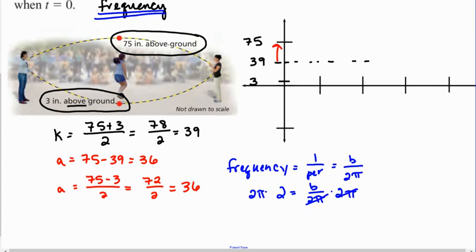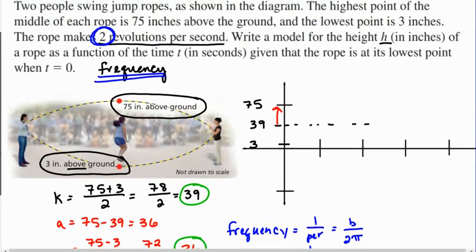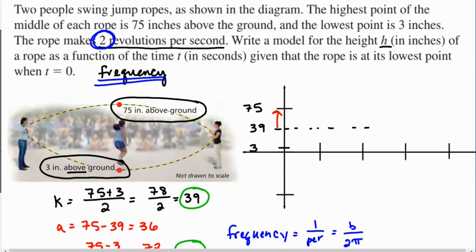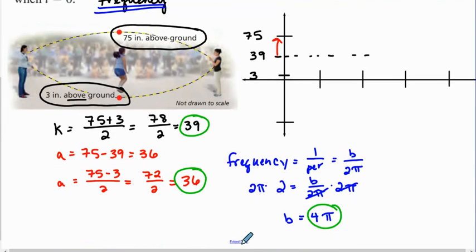And those cancel so that I find out that b is going to be 4 pi. Okay, and when I put all these together, I've got the value of k, the value of a, and b is 4 pi. Those are going to help me write a function.